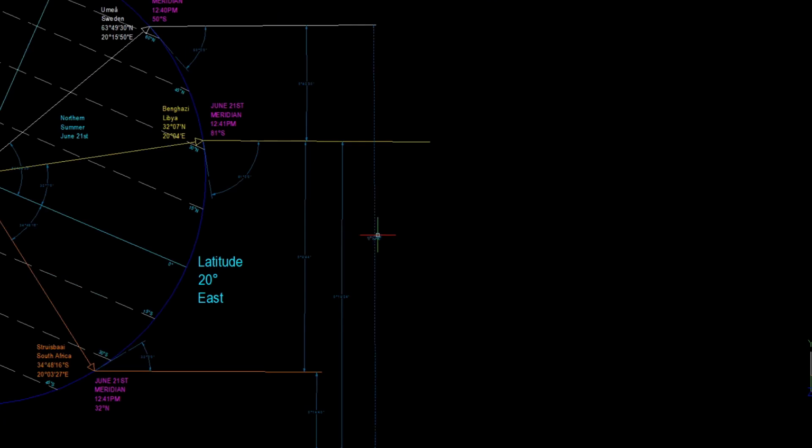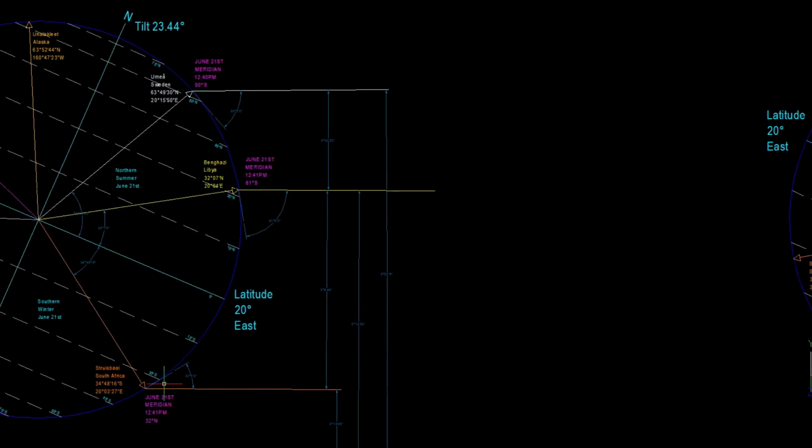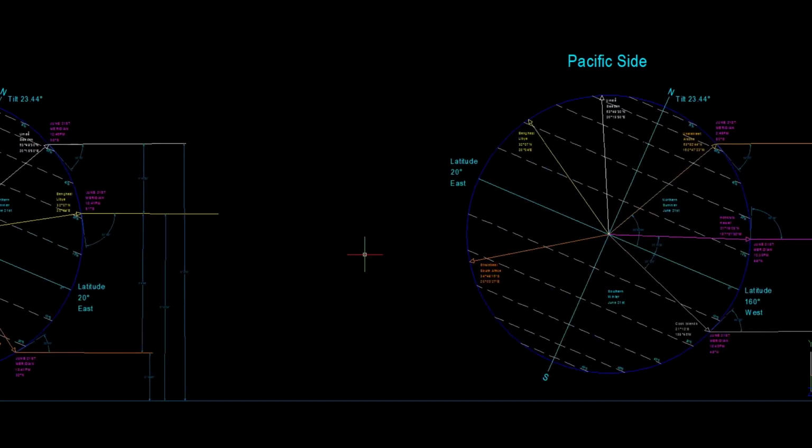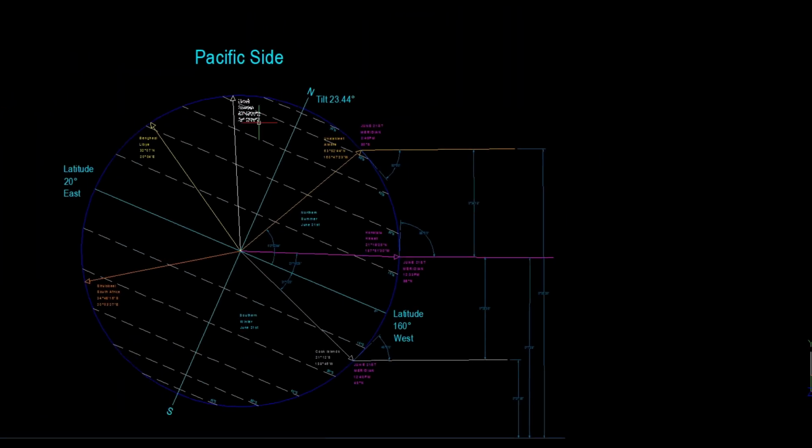So we got within 1 degree and within 1 degree. All of these sun angles at the meridian are looking dead straight out in this direction.